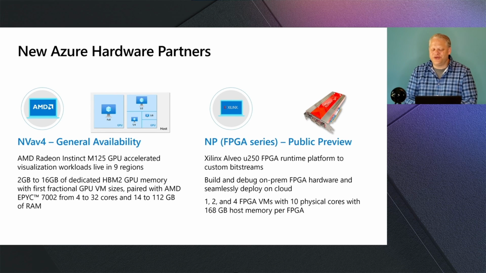And then we continue to expand our hardware partners. In the GPU space, we've recently gone into general availability for the NVIDIA V4 instances. And this is with the AMD-based M125 GPU. And one of the things that's very unique and interesting on this configuration is we allow you to configure the GPU and actually slice it up.